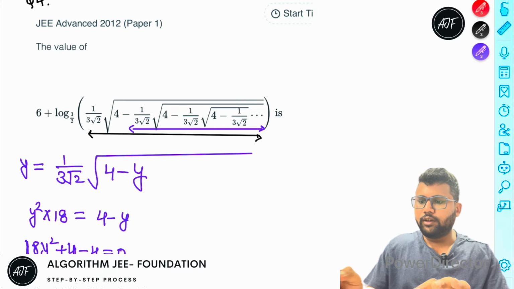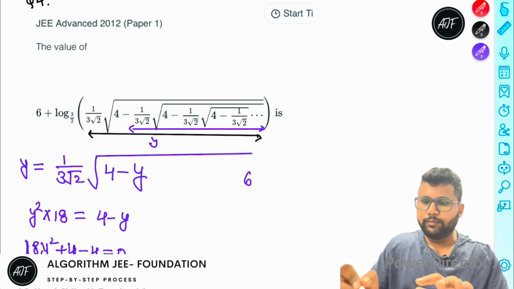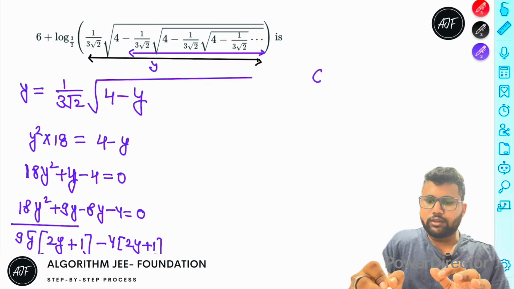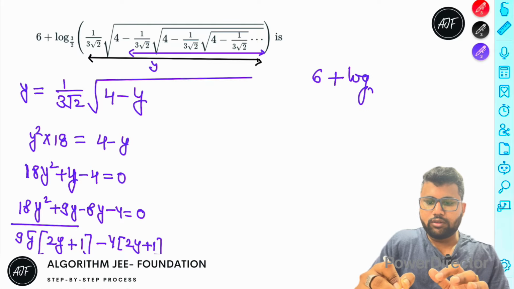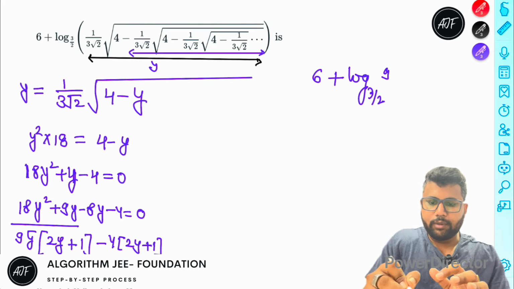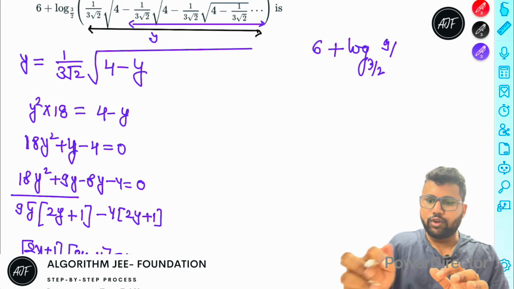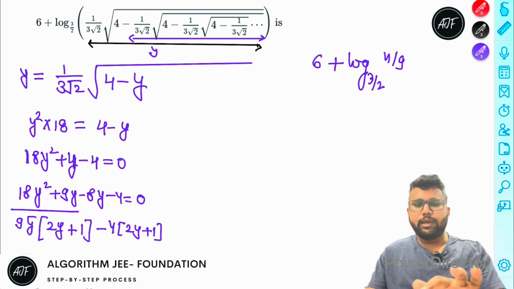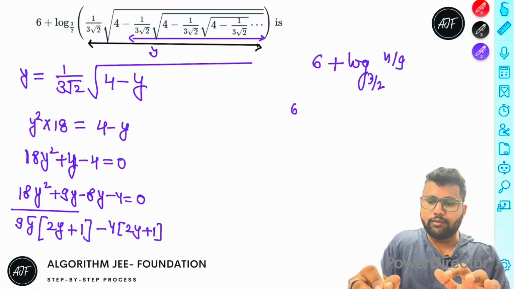Now you see that the total part is y, so your question converts into log base 6 plus log base 3 by 2 of 4 by 9. So in this case, if the base and power are not shown, first convert it, then see log of 4 by 9.